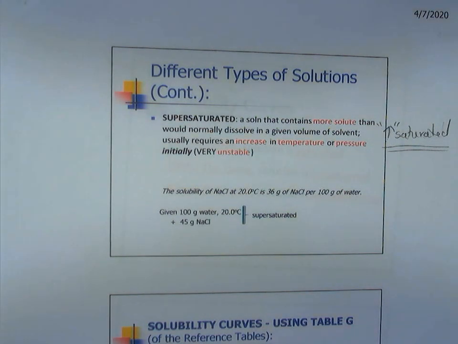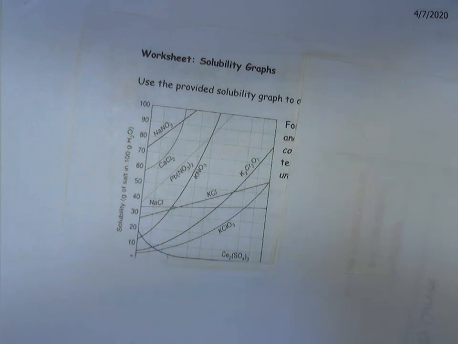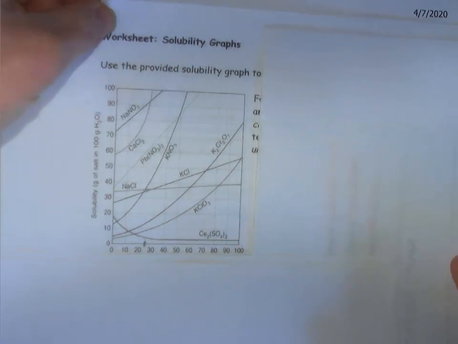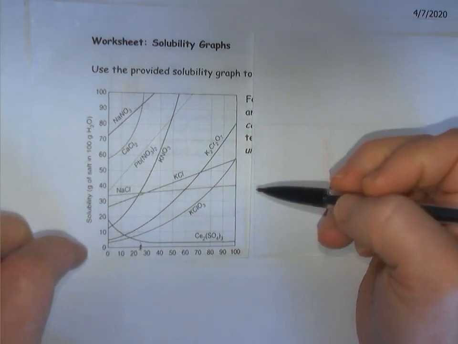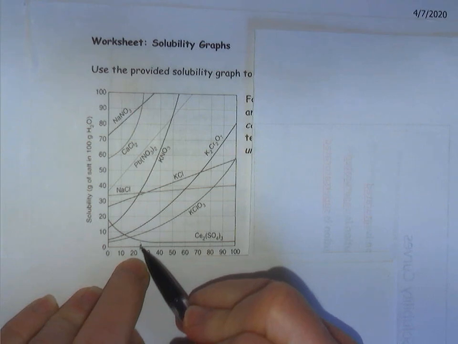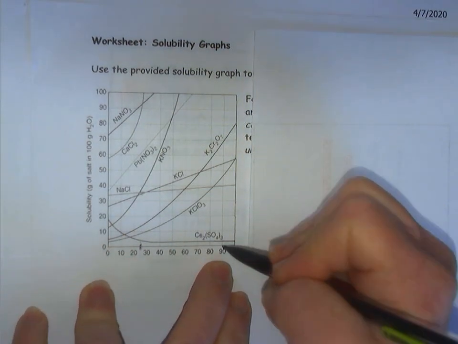The way that we create a supersaturated solution is by tricking nature, as I said. So what we will do, ladies and gentlemen, is heat up our solvent. So let's say we take 100 grams of water, and let's say we get it to 90 degrees Celsius.